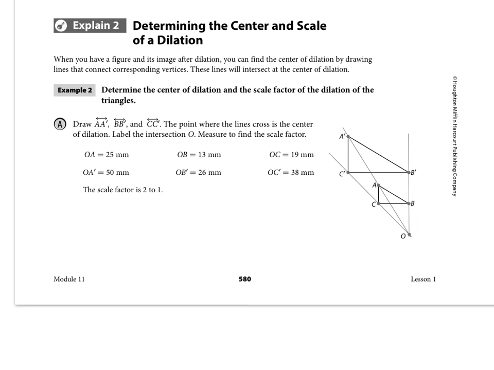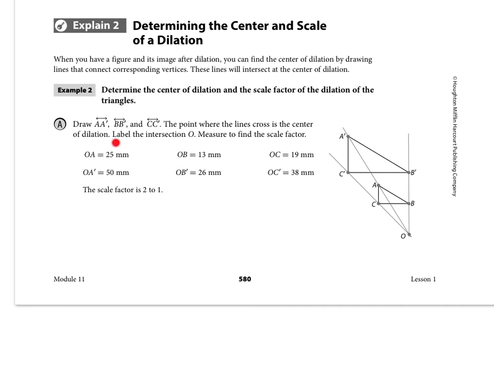Then we go from O to B, which is 13 millimeters, and then from O all the way out to B prime, and that's 26. And then from O out to C, and then from O out to C prime. So again, always originating at the O, which is the origin or the center of dilation.